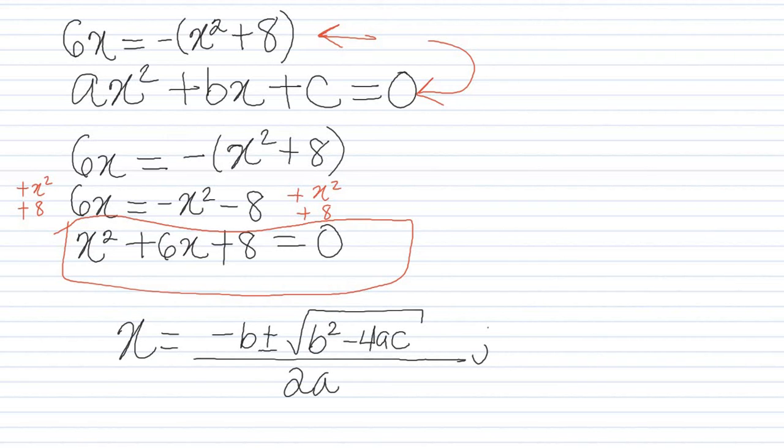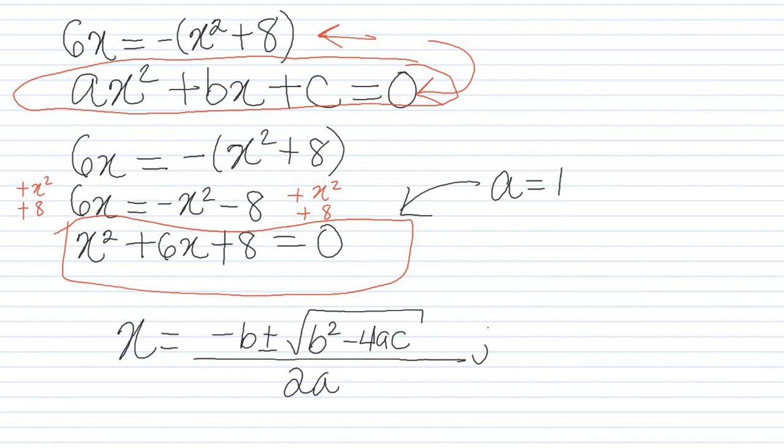Next, we substitute the values into this formula. Comparing the general form ax squared plus bx plus c to the actual equation, a is the coefficient of x squared, which is 1, so a equals 1. b is the coefficient of x, so b equals positive 6.